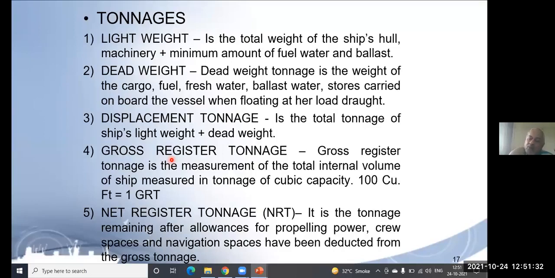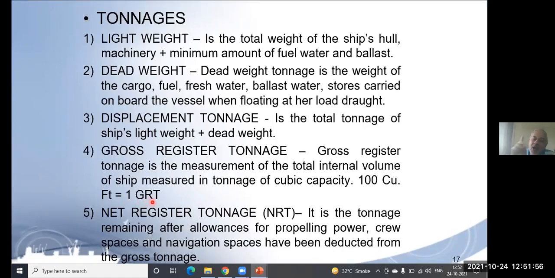So GRT of the ship is the actual measurement of where you keep cargo. So the volume of the cargo holds, the volume of the ship, is measured and converted into gross tonnage. So what is the conversion factor? 100 cubic feet is equal to 1 GRT.